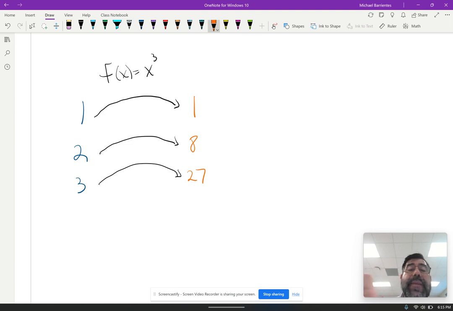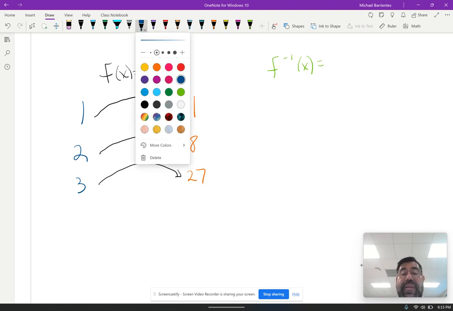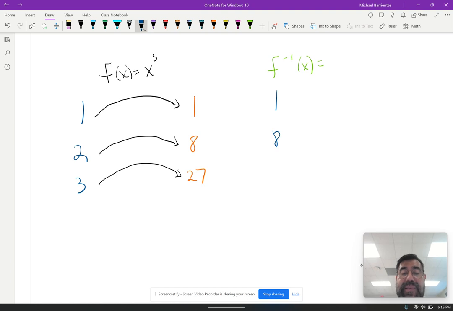But the inverse function says we start with the original outputs and we take them back to where they came from. If I start at 1 and go back, I end up at 1.